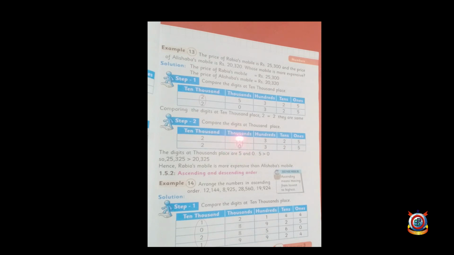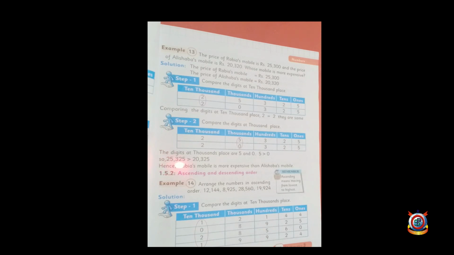So you can easily find it that 5 is greater. 5 is greater, therefore the whole number 25,300 is greater than the second number, which is 20,320. The digits at thousands place are 5 and 0. So 5 is greater than 0.